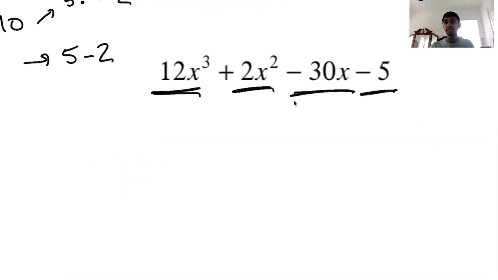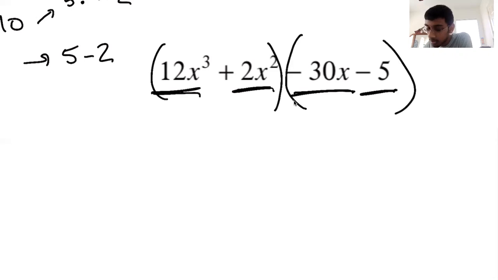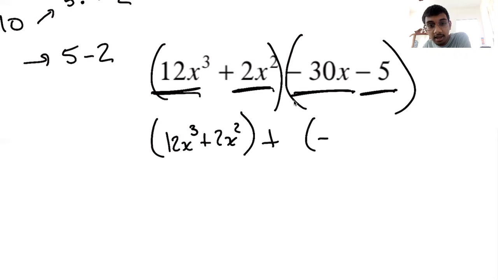So we're going to break this down into 2 smaller parts to solve it, like I did in that previous example where we had the giant problem. We're going to split this up into 2 halves. This is the first half, and this is the second half. So it becomes 12x³ + 2x², and then we'll add a plus sign, −30x − 5.